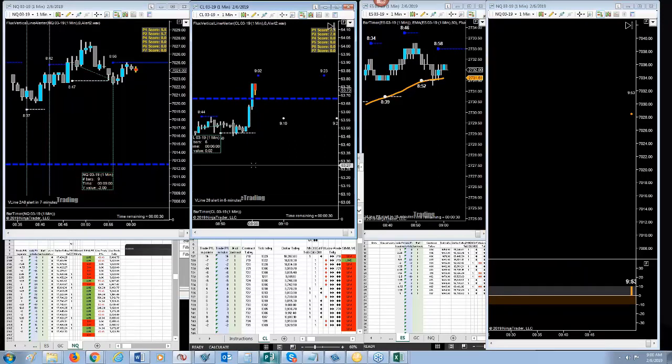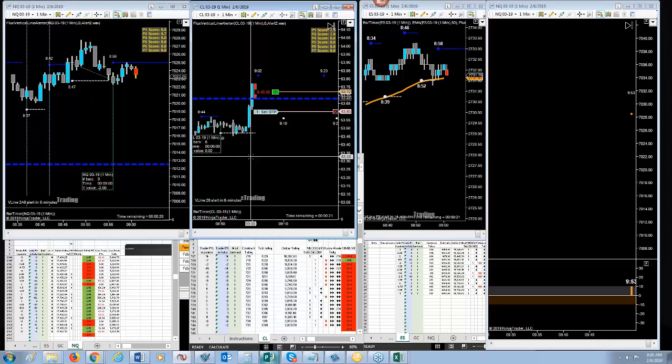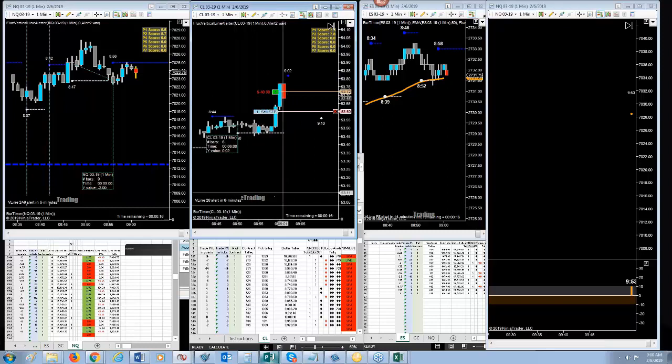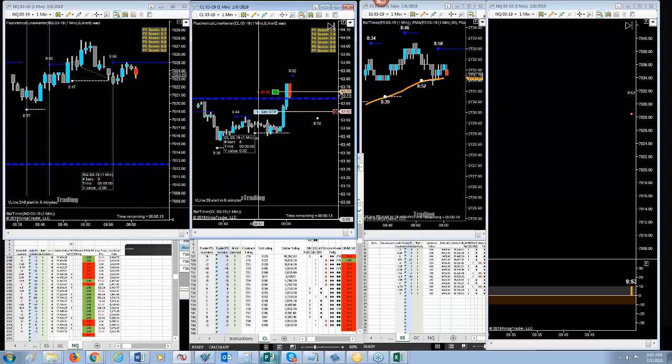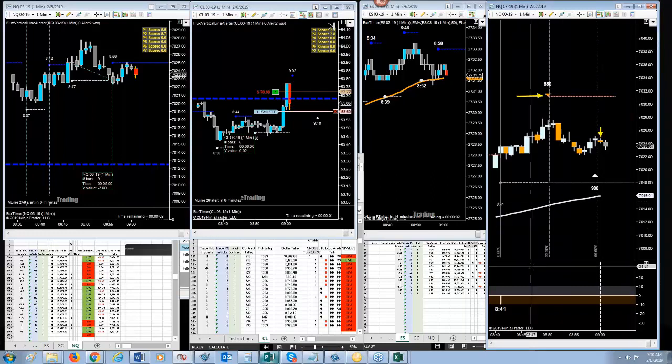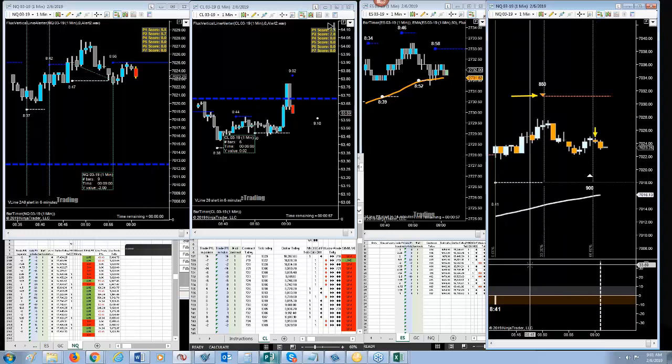On CL, we have a crossover trade right here. Order filled, with a stop below the crossover candle. It closed above the line. Order pending. Let's see where it ends up by 9:02. Order filled.